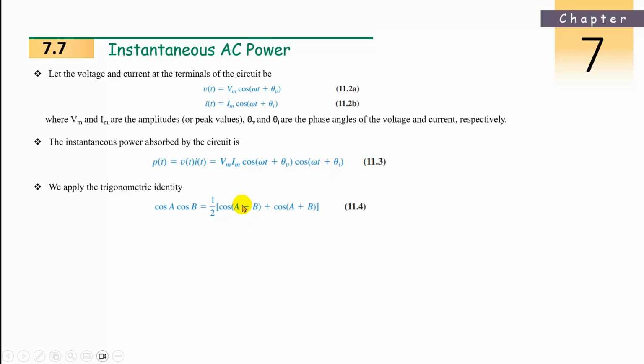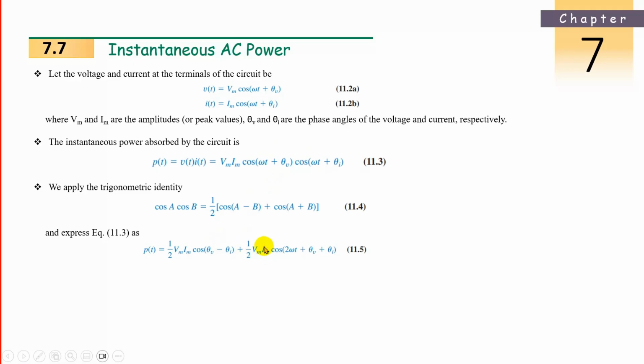Now for cos(A plus B): omega t plus theta V plus omega t plus theta I, so omega t twice, giving cos(2 omega t plus theta V plus theta I). The half stays, and Vm Im are the same. So the cos(A minus B) part becomes cos(theta V minus theta I) because omega t cancels out.